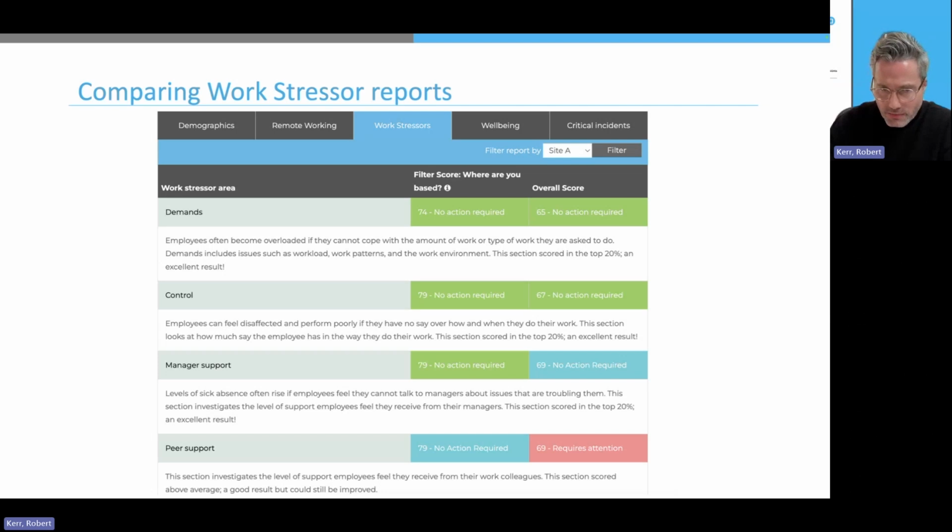Again, I've seen this function used in organizations to actually identify strengths. So you may have an organization that has, overall, a below average result when it comes to manager support, but you may have a couple of areas that are actually scoring in the top 20% and really well. And they're obviously areas where we could go look at and explore and identify what it is that they're doing right.